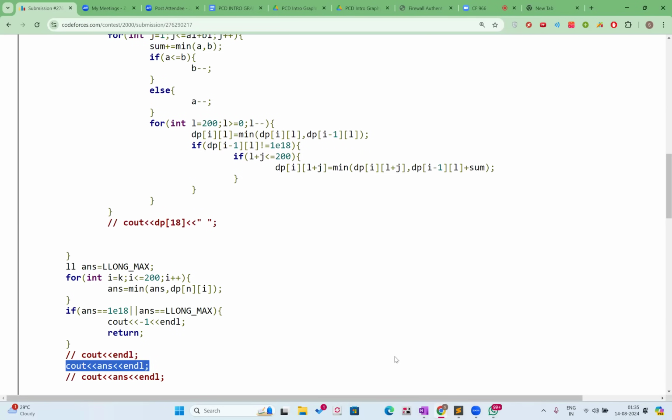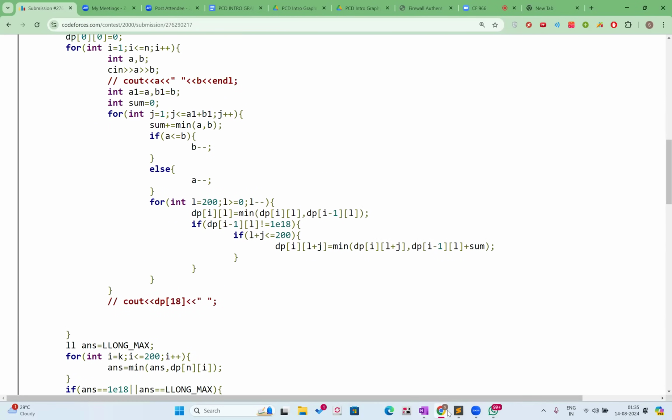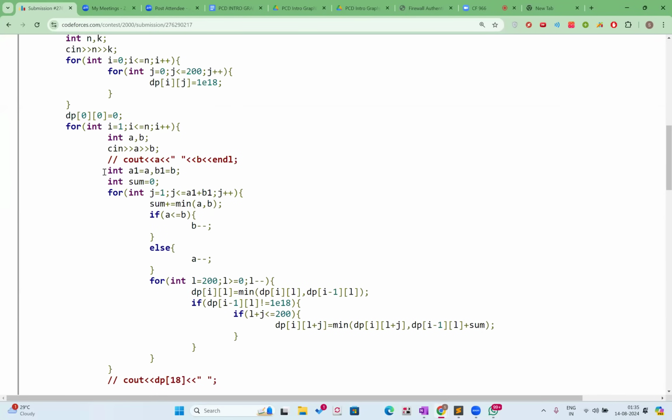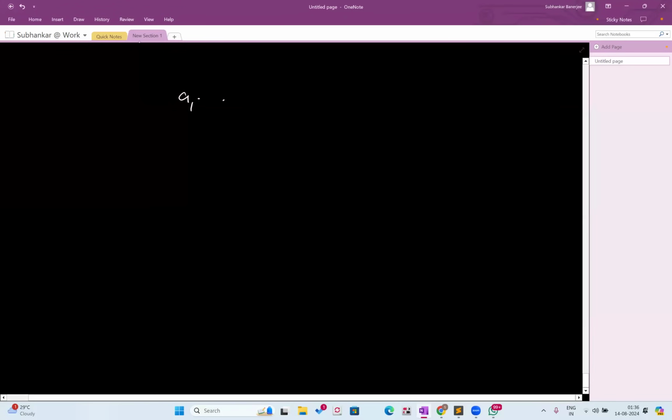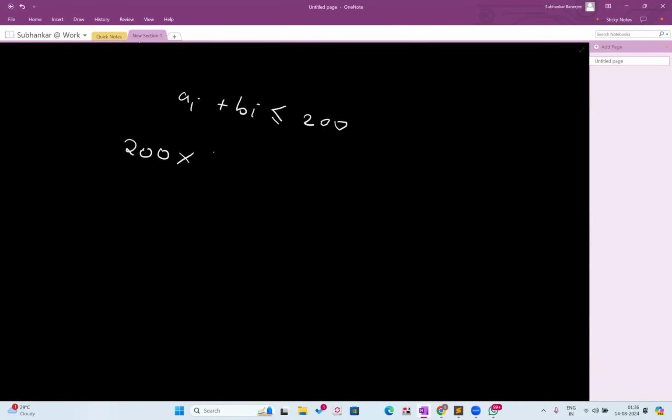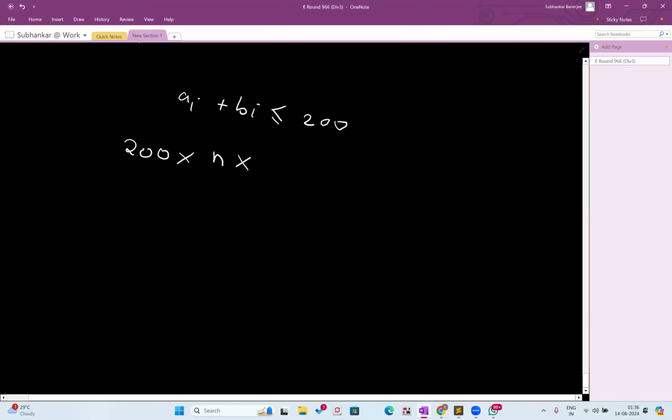So the time complexity for this problem: what did I do? First, I iterated over n, then over ai plus bi. Since ai plus bi was less than or equal to 200, that gives 200 into n, into again an L loop I have done over 200.